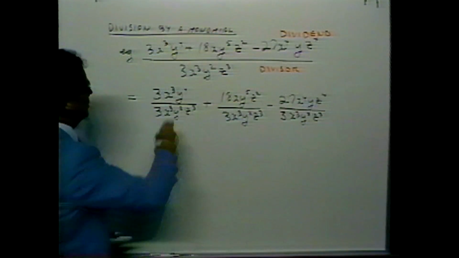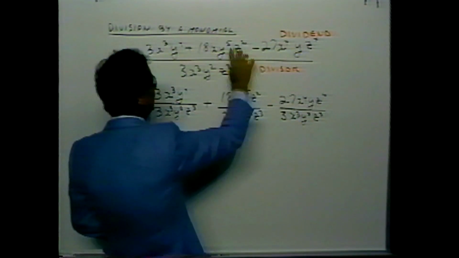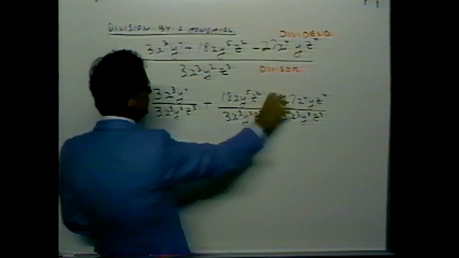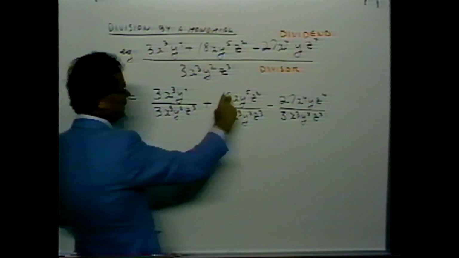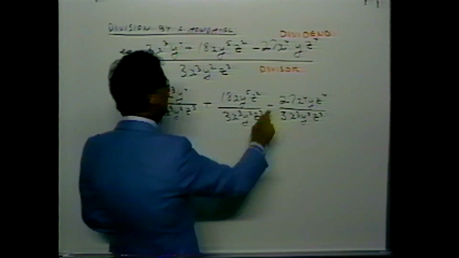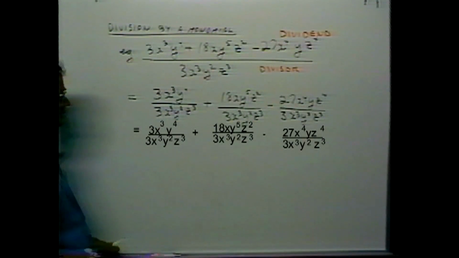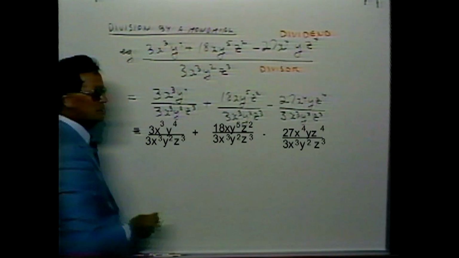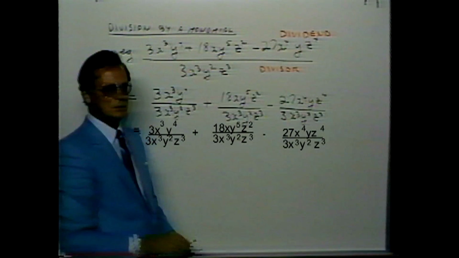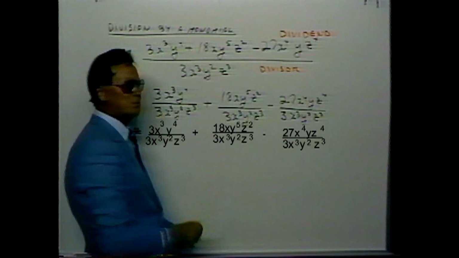See how each term in the numerator, or the dividend, has been separated into individual problems where the divisor is written underneath each of them. The procedure is then simply to apply the laws of exponents to simplify each of these parts.